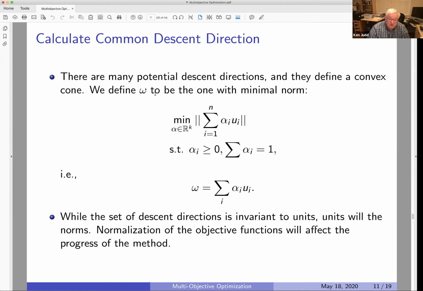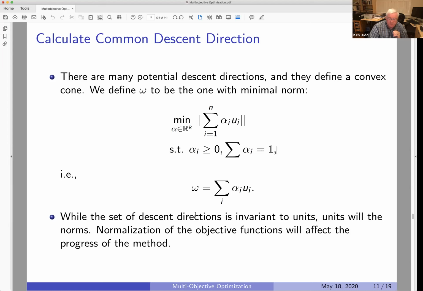What we're going to do is choose the one with the minimal norm. So we have the individual gradients, and we're going to choose some convex combination. By the way, convex combination means that the alpha_i's have to be non-negative, and the weights have to add up to 1. And we want to find the minimal length, minimal norm such direction.